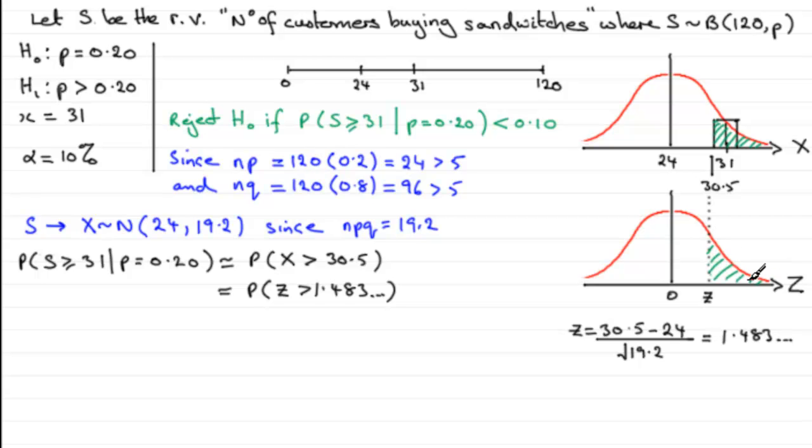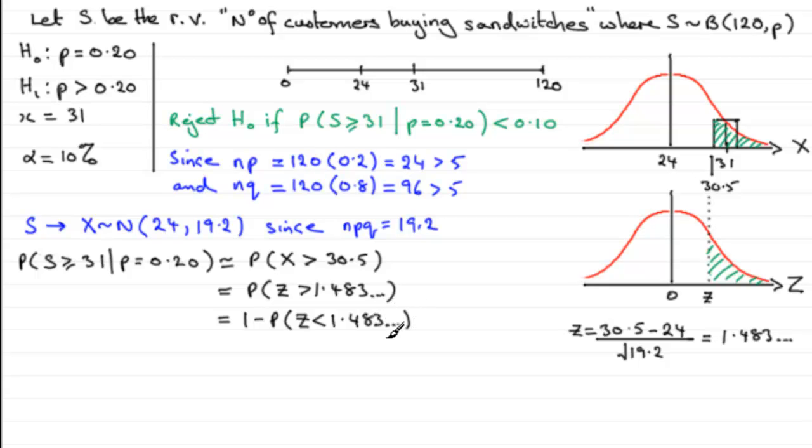Now to get that area, the tables only give us the probability of being less than a given value of Z. So knowing that the whole area is 1, this is 1 minus the probability that Z is less than 1.483 and so on.